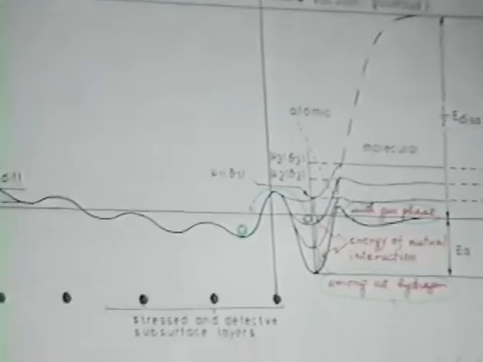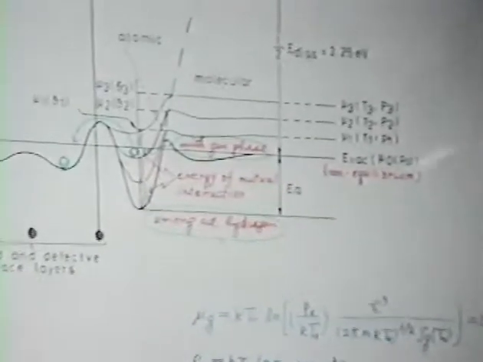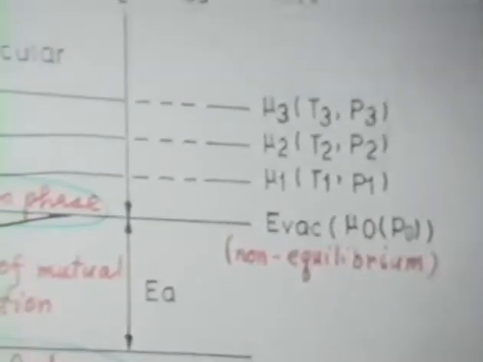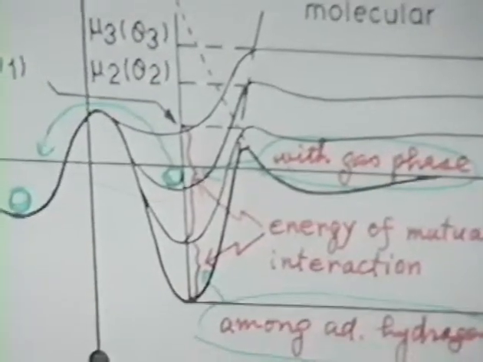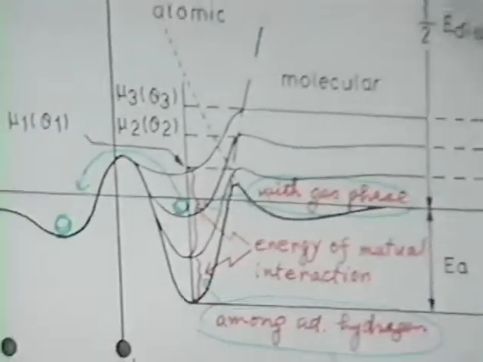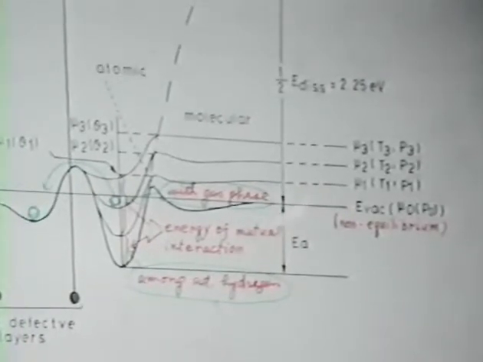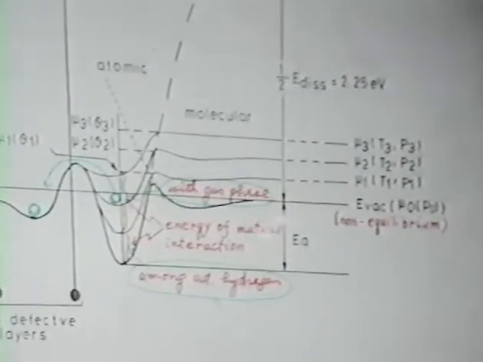Such a state is briefly or crudely explained by this figure. Of course, this is the potential energy of atomic hydrogen here, the molecular hydrogen, along with the chemical potential. Of course, we can't easily combine the chemical potential and electronic potential. So here, at the high vacuum condition, the gas phase and the adsorbed state are non-equilibrium, I say.